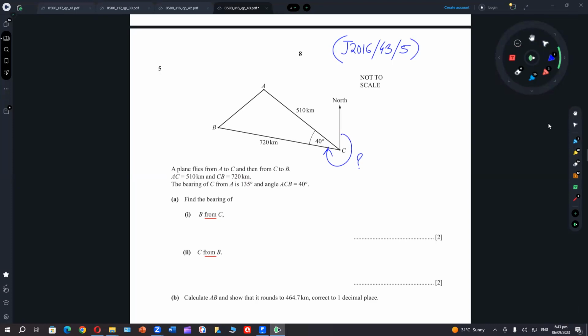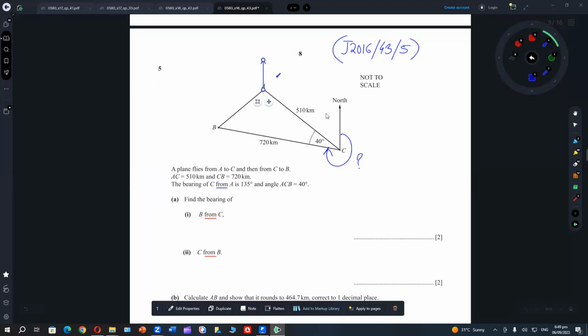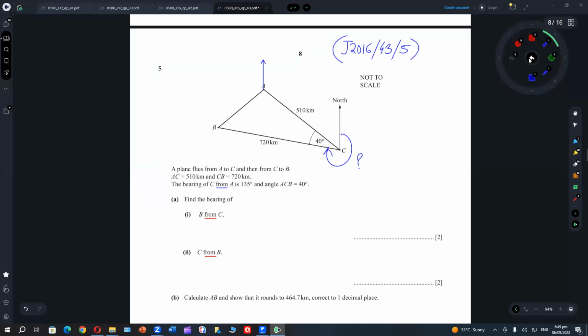Okay, now read the question again. The letter written after the word from will carry the north.